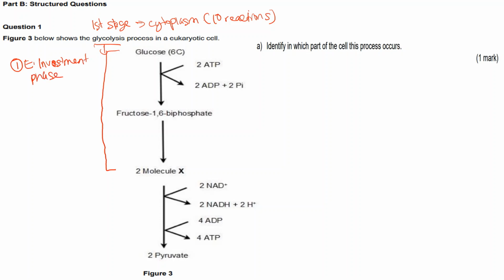This phase involves reaction 1 until reaction 5. The second phase, from molecule X until it produces two molecules of pyruvate, is the energy payoff phase. This involves reaction 6 until reaction 10.